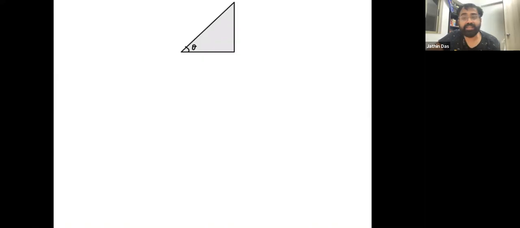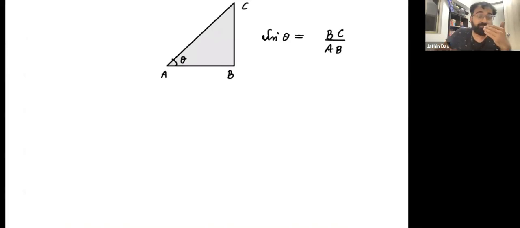See, in 9th standard, when you studied, I told you that sine theta, cos theta, is not the exact definition, opposite by hypotenuse. Suppose when I say A, B, and C, I say sine theta is equal to BC upon AB. And you are happy with this, no problem. And they gave you the derivation for 30, 60, all that. And you were satisfied. But the problem was how to define 90 in this.